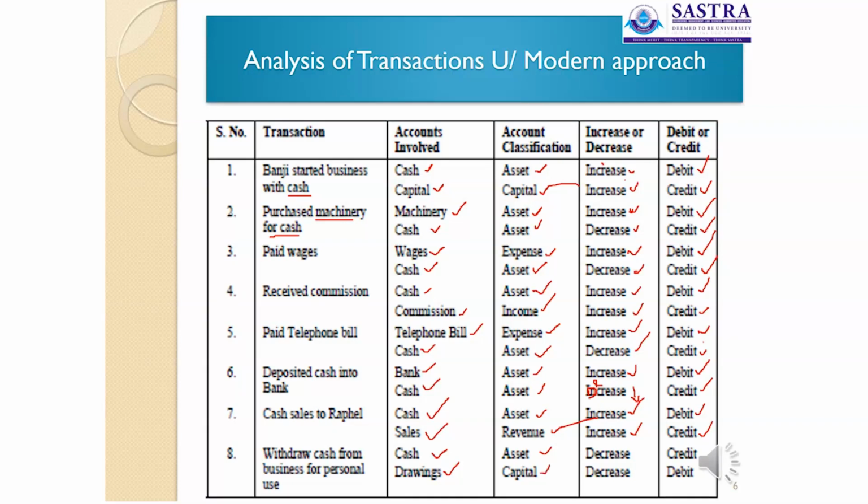Then cash automatically decreases, so that should be credited. If asset decreases, it should be credited. Then capital is also decreased, so it should be debited. So this is the procedure for entering the transactions under the modern approach.